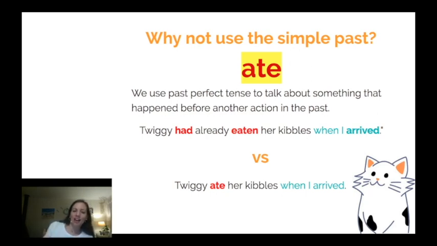It sounds like she actually only ate the food once I arrived home. So there is a difference between using the simple past and the past perfect tense in terms of when the eating actually occurred. Did it occur when I arrived, so she ate there after that, or did it occur before I arrived and I noticed that she had already eaten? It was completed.